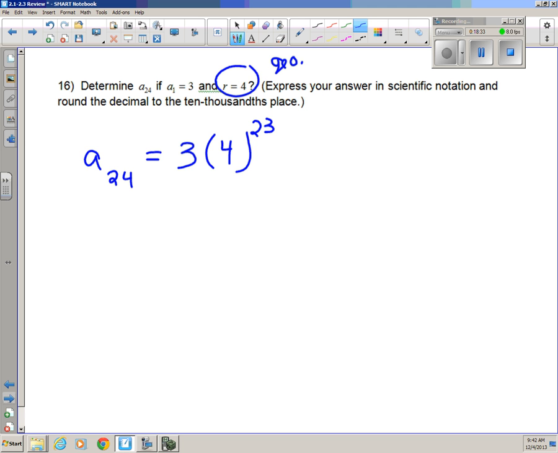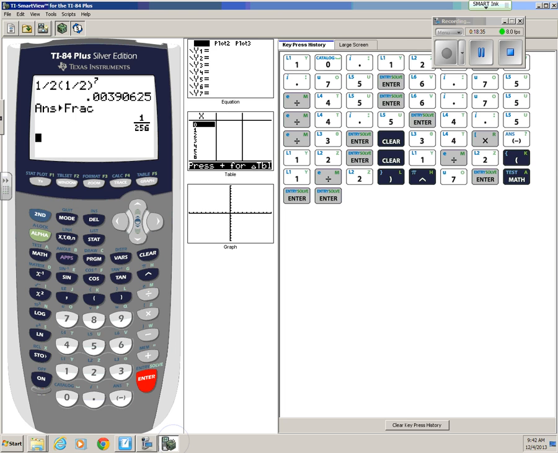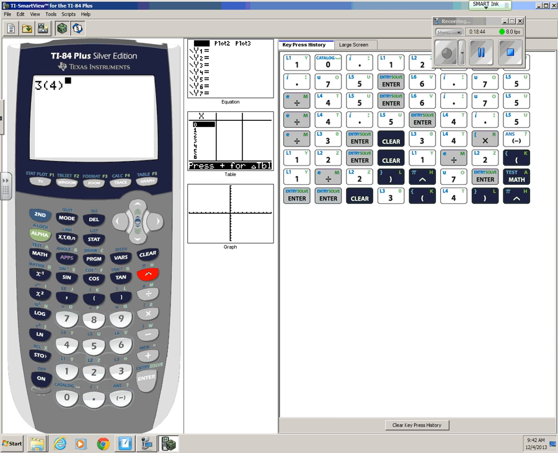I need 23 more. So if I go to the calculator here, and this one we'll do on the calculator, we're basically saying I know that it's going to be 3 times the common ratio, and I need 23 more of those. And this is the answer that you get. We've got to round it to the nearest 10,000.